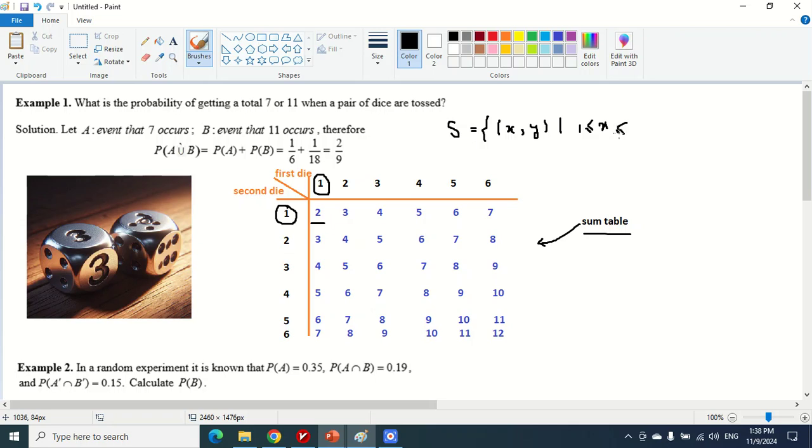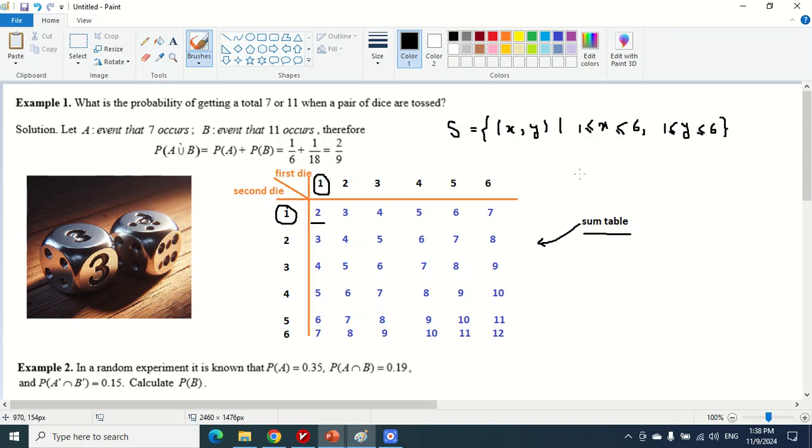And also for Y, I have a value between 1 and 6. By this description of the sample space, I can say that there are 36 cases.